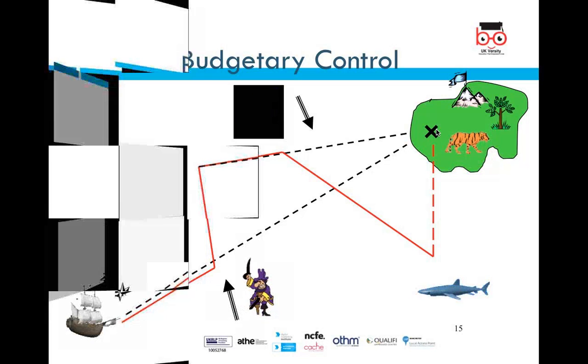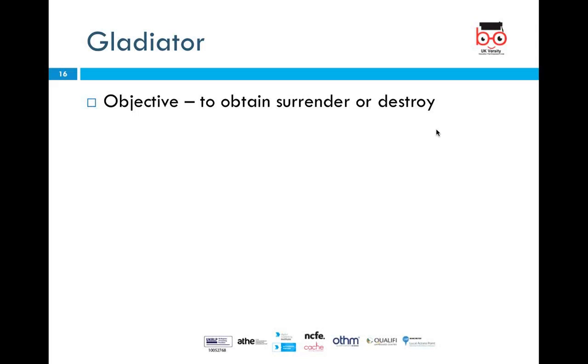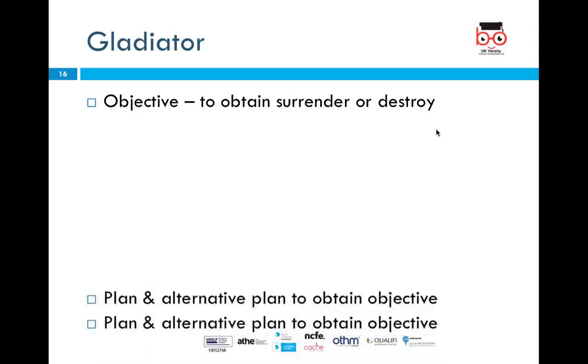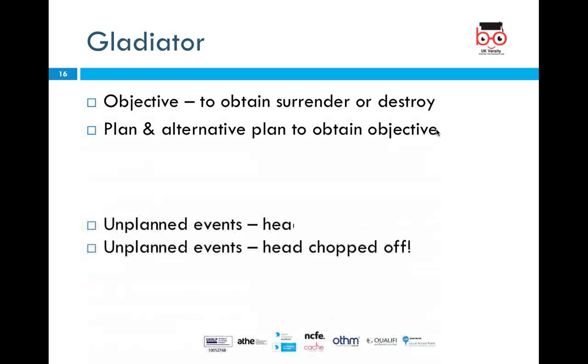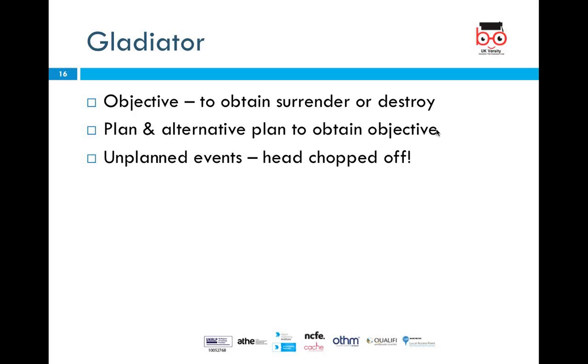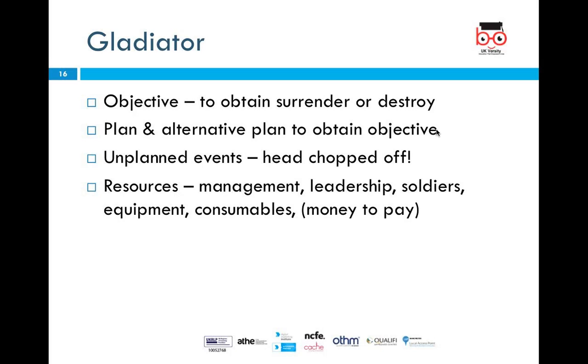So in the budget we need to consider the different options and how to reach that destination. To make one film, for example Gladiator, we need to check the objective, whether we surrender or destroy. We have to plan an alternative plan to obtain that objective. If there are unplanned events like natural disasters and unavoidable circumstances, we need to check and divert the plan on an emergency basis.